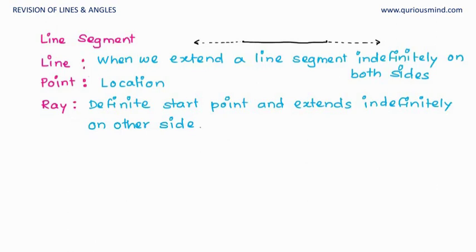We have a ray, and when we join 2 rays at the start point, what we get is an angle. Angle is the distance between these 2 rays, a circular distance between these 2 rays. That is angle.